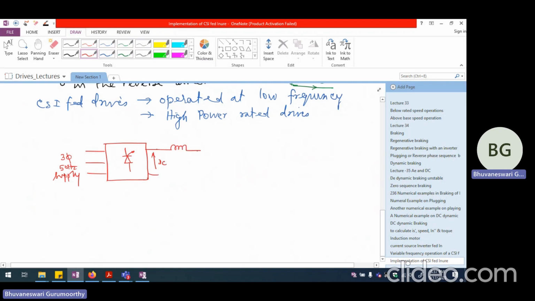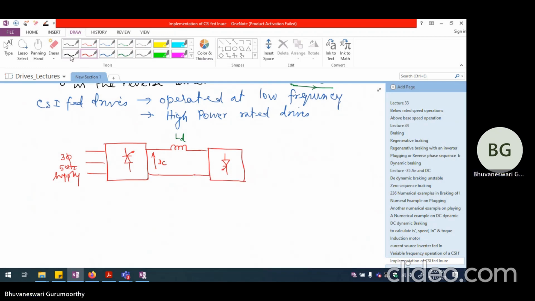Now we have an inductance here, which converts this voltage source into a current source. From here, we have an auto-sequentially commutated current source inverter. So this is the current source inverter, and this is the thyristor rectifier.